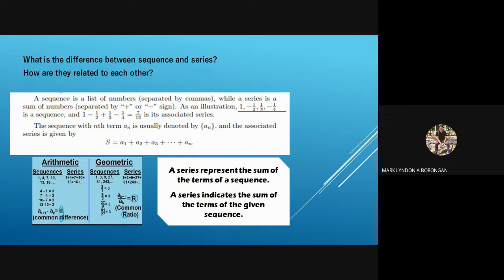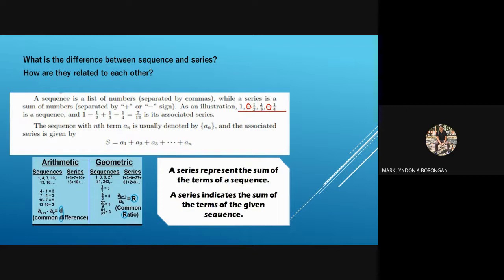In a sequence, it is separated by commas; in a series, it is separated by operators such as plus and minus signs, like this: minus, plus, minus, plus. The minus is there because the term is given a negative sign. Therefore, if it is negative, we just subtract.